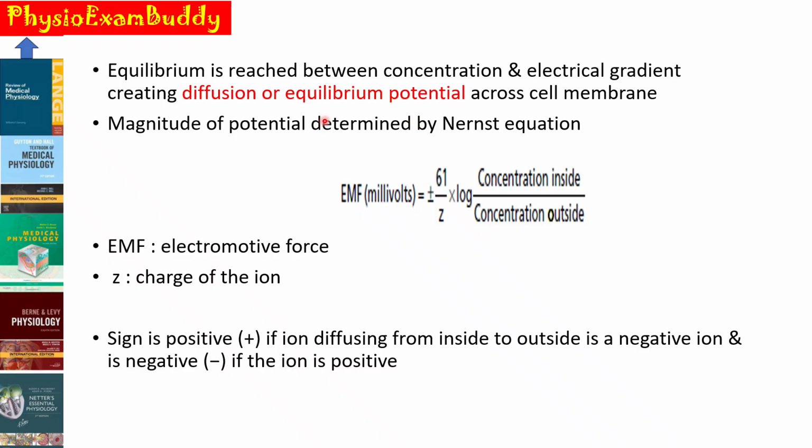And the magnitude of this diffusion or equilibrium potential is determined by the Nernst equation. And you should know the Nernst equation: the electromotive force in millivolts, that is the diffusion or the equilibrium potential, is calculated by plus or minus 61 divided by Z, where Z is the charge of the ion, into the log of the concentration of that ion inside divided by the concentration of that ion outside.